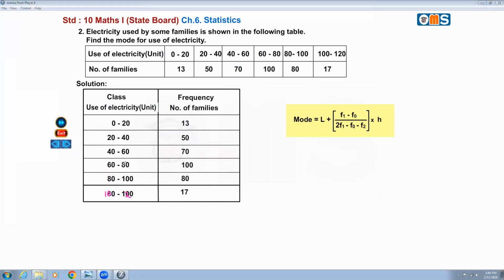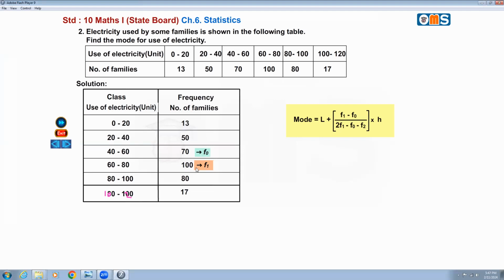The highest frequency is for 60 to 80, that is 100. This we call F1. The one above it we call F0. F0 is 70, right. The one below it is F2, that is 80. This we call F2, right.